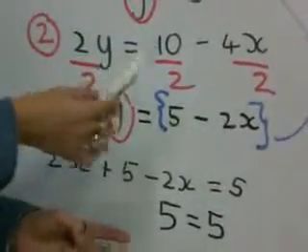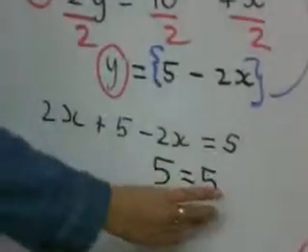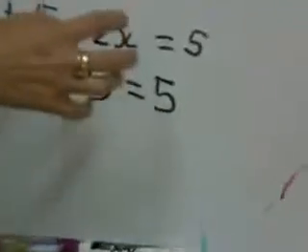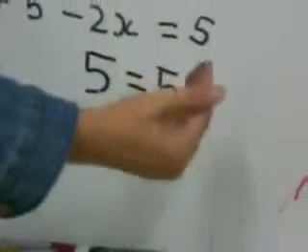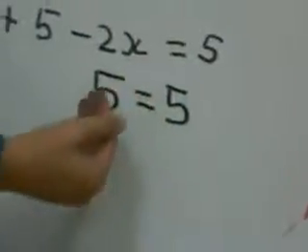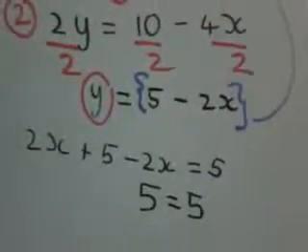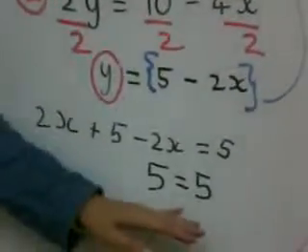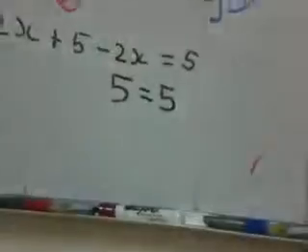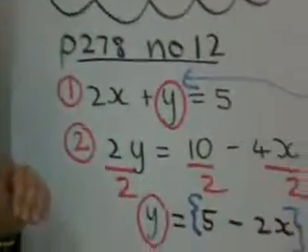Okay? And that would then tell us if you get to this end here and whatever is on the left is equal to whatever is on the right, like in this situation 5 is equal to 5, then it tells us that these two equations are actually the same, okay?